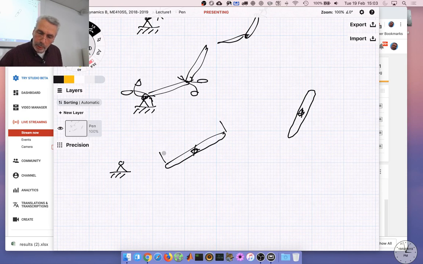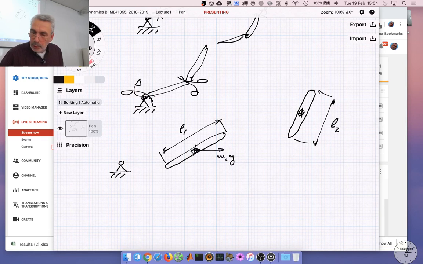Let's put some dimensions in it. This is L1, this is L2. Now do the applied force here, M1G, and the applied force here, M2G. Here I'm going to draw free body diagrams.